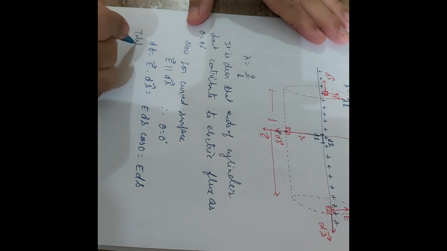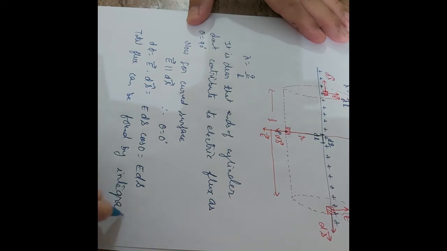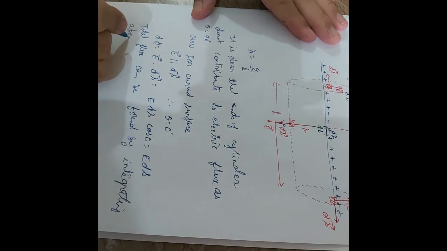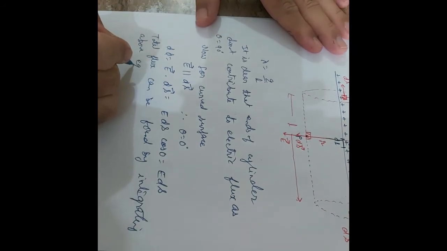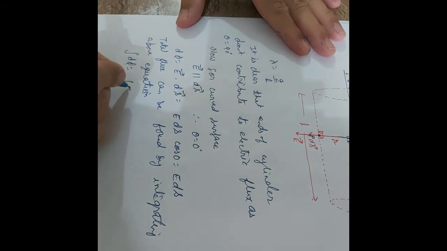Total flux can be found by integrating the above equation. d phi is E ds, and the integration is done over the closed surface.